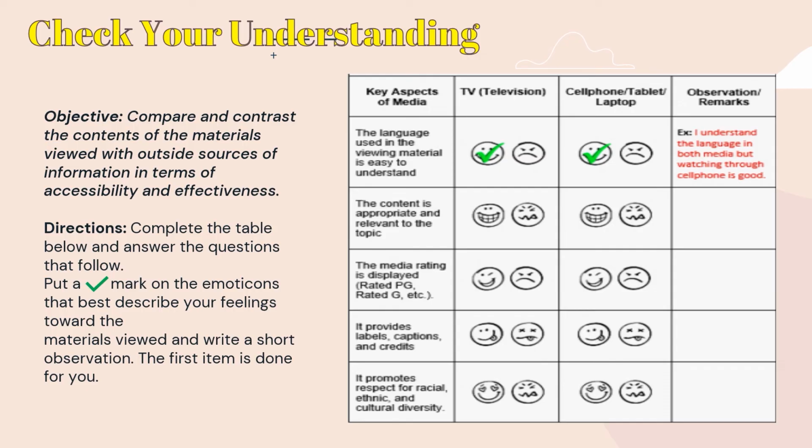It provides labels, captions, and credits, and does it promote respect for racial, ethnic, and cultural diversity? Okay, are there no discriminations shown on the media stream that you have watched?